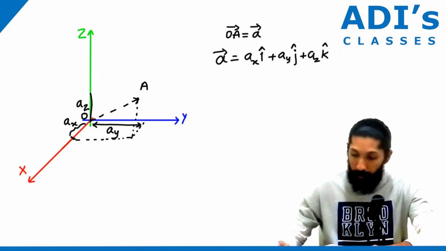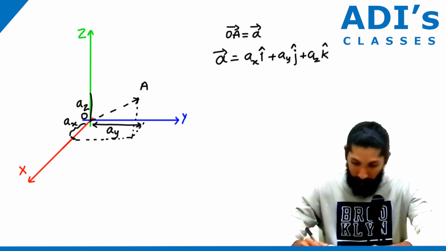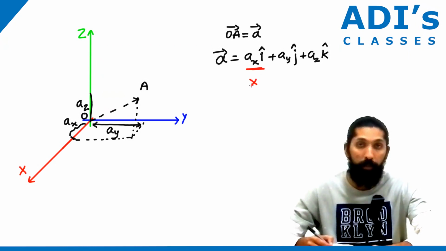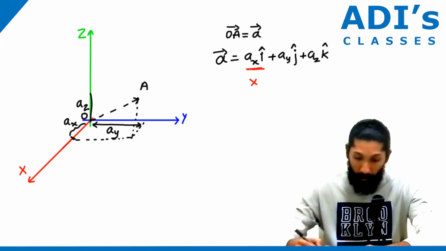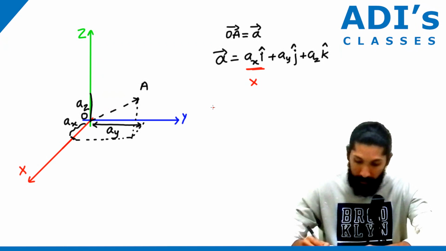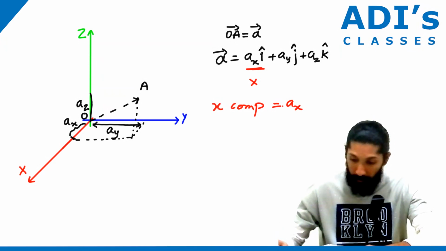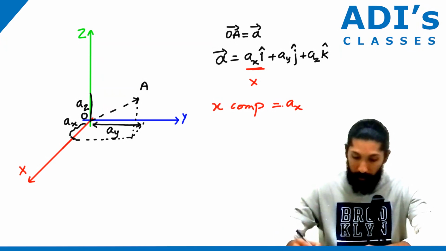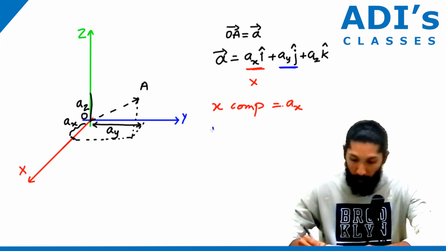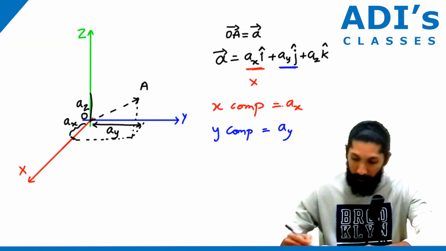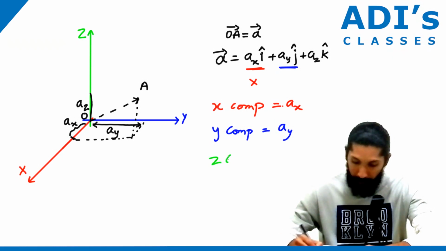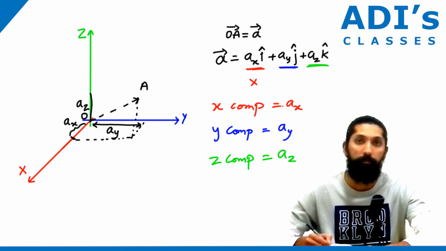The x-axis component is ax. The next one, the y component, is ay. And finally the z component is az, which is here.